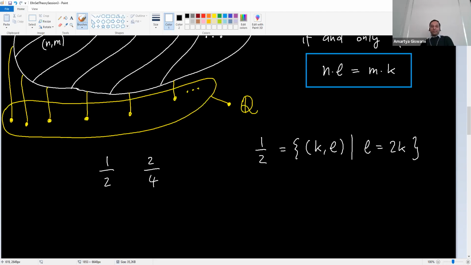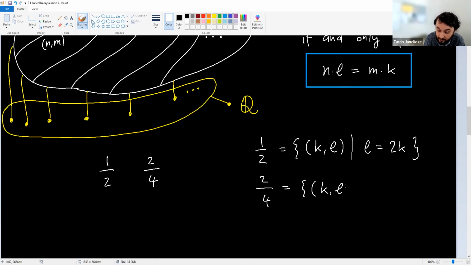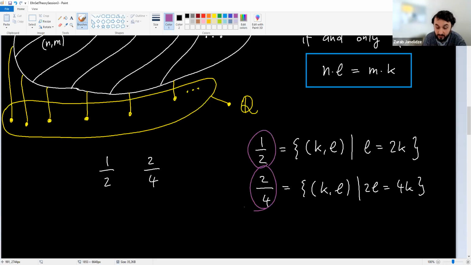And so set theory allows you to define a fraction as a set, and then this set 1/2 and this set 2/4, which will then be, by the same definition, the set of all KLs, such that, so this time we are putting 2 and 4 here, such that 2L equals 4K. So the fractions now being the same means that the sets are the same.